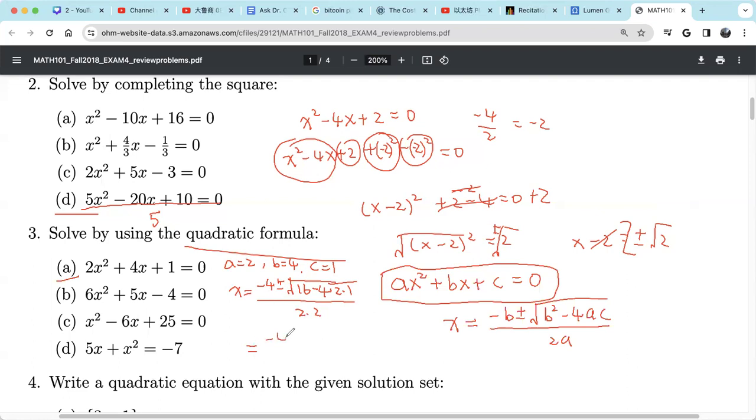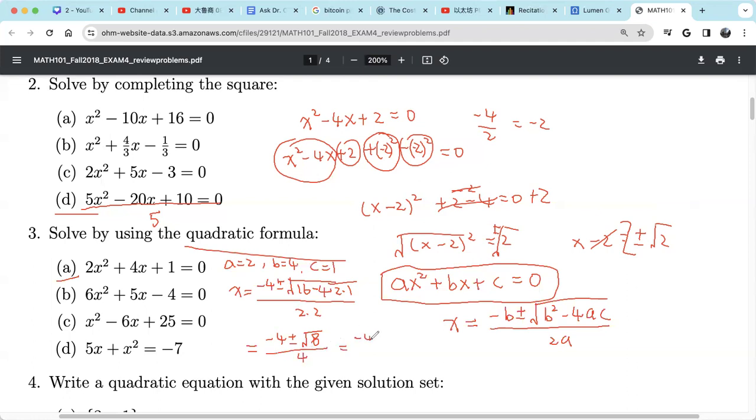So -4 plus minus, so inside here, this part we call the discriminant. So 16 minus 8, well 16 minus 8 is 8. So square root of 8 divided by 2 times 2, which is 4.